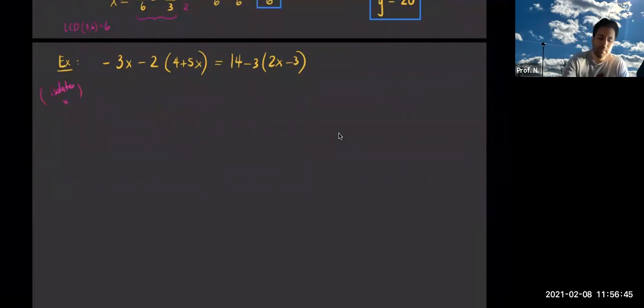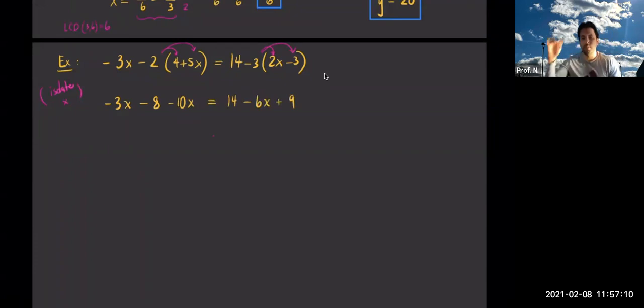And to do so, I must distribute everything as much as I can, right? So we're distributing now to get rid of the parentheses. So then this becomes negative 3x minus 8 minus 10x. This equals 14 minus 6x plus 9. So all I did was distribute.